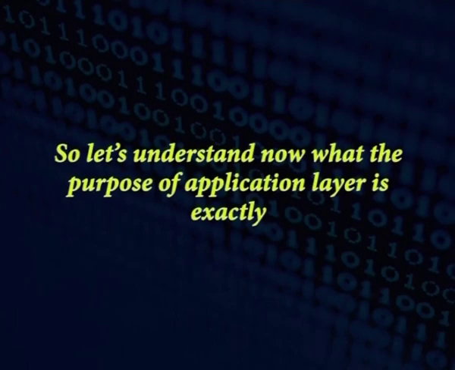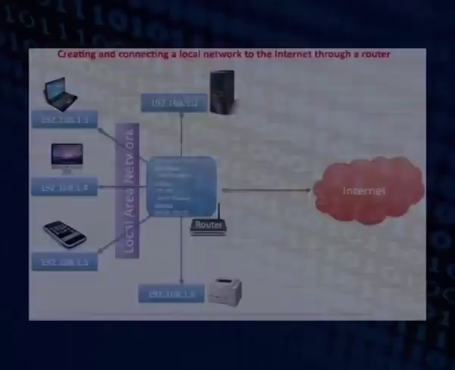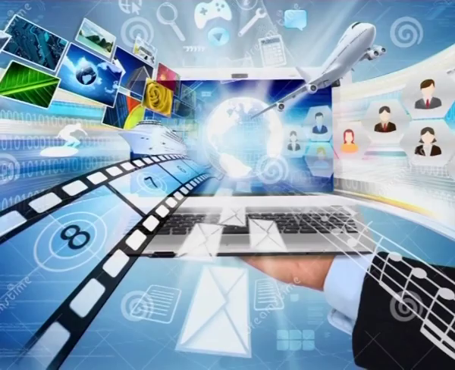Next issue which comes to our mind is why we need this application layer. What is the major purpose of this layer? So let's understand now what the purpose of application layer is exactly. When we talk about internet, there are 2 things we need to be concerned about: how do we connect and how can we access or share the information.